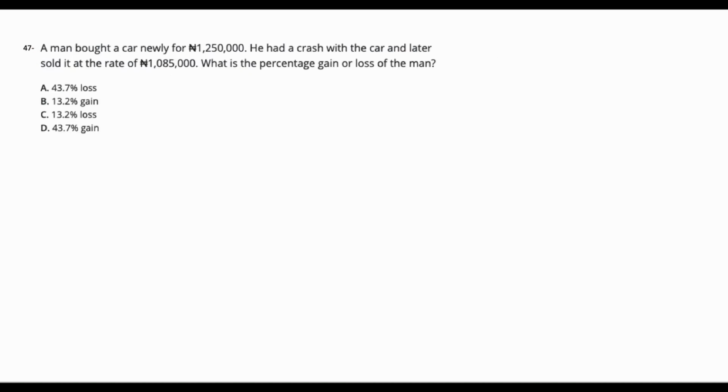So question 47 says, a man bought a car newly for 1,250,000 naira. He had a crash with the car and later sold it at the rate of 1,085,000 naira. What is the percentage gain or loss of the man? So we know that profit or loss is equal to selling price minus the cost price.